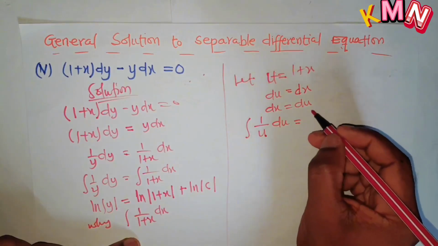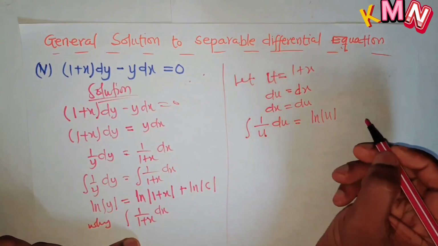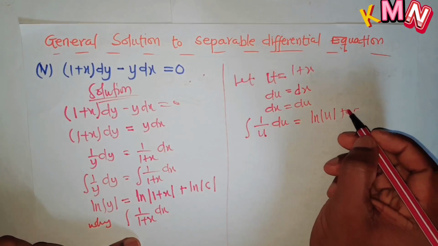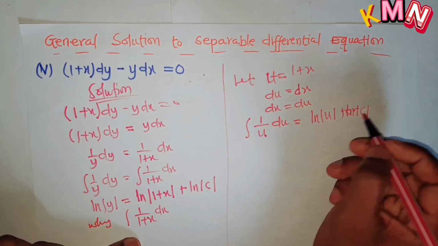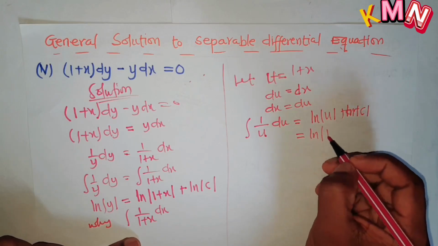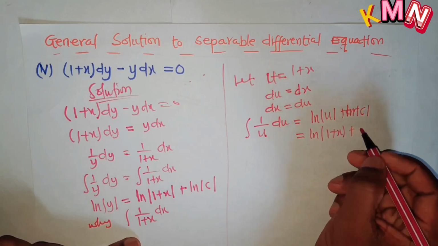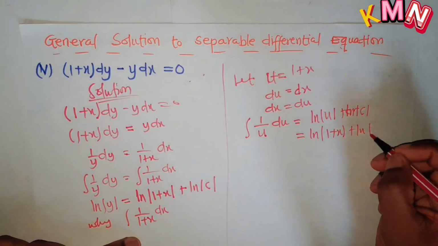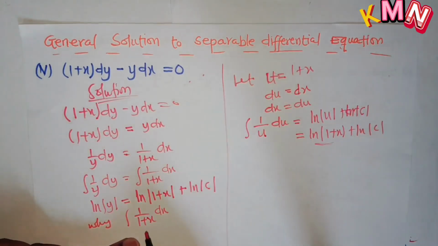When you integrate it, you're going to get ln of u plus c, or plus ln c. Then u was given as 1 plus x. So that's why I wrote it straightforward that it's 1 plus x over there.